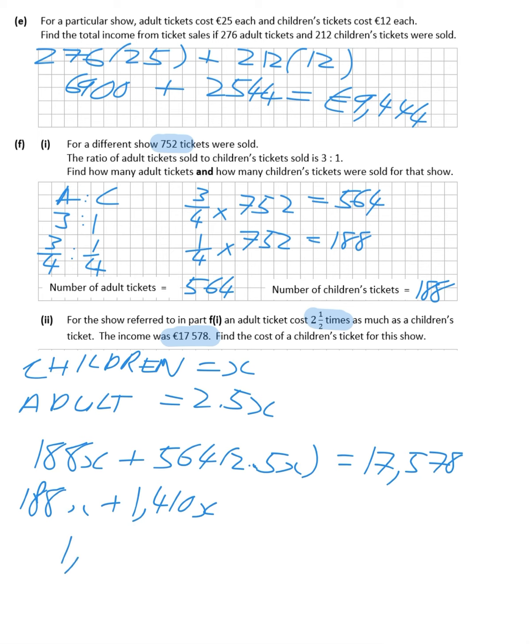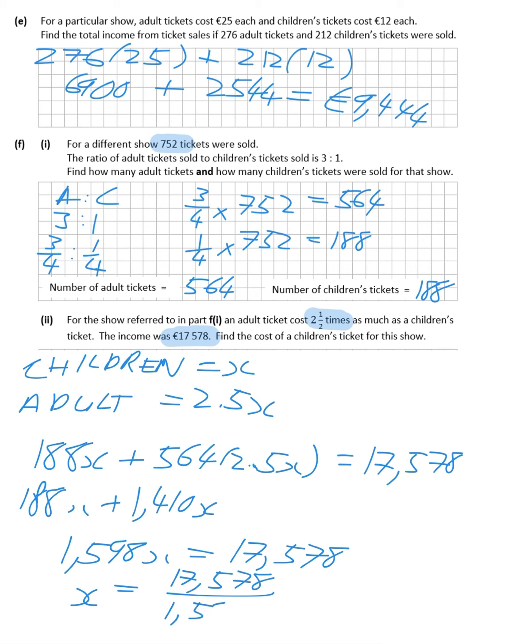So that'll be 1,598x, equal then 17,578. So then always divide by the number in front of x. So x equals 17,578 over 1,598. So then x is equal to 11. Okay, and that's €11. And there's our answer.